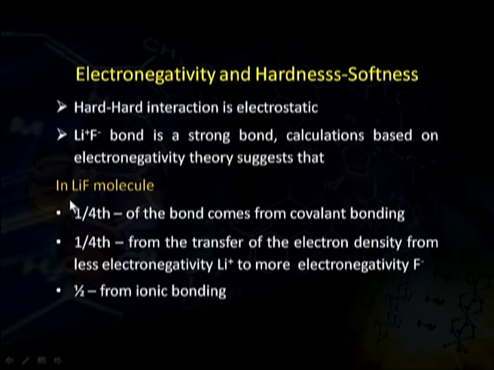So, in the lithium fluoride molecule, the majority of the bond is ionic, and hence this molecule is a hard species. We have a combination of hard acid and hard base.